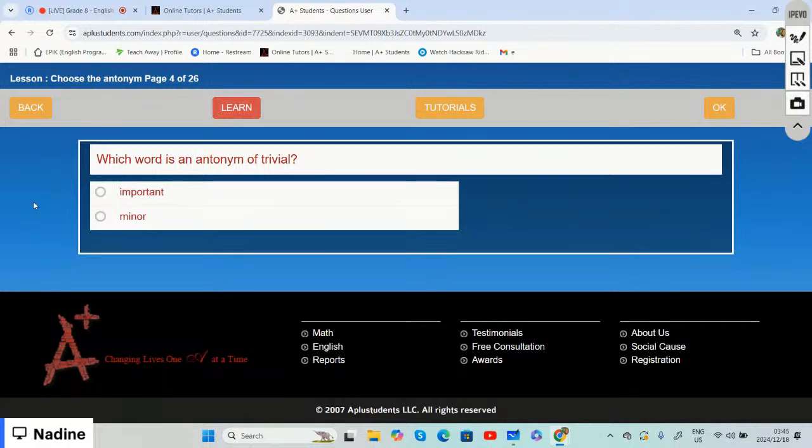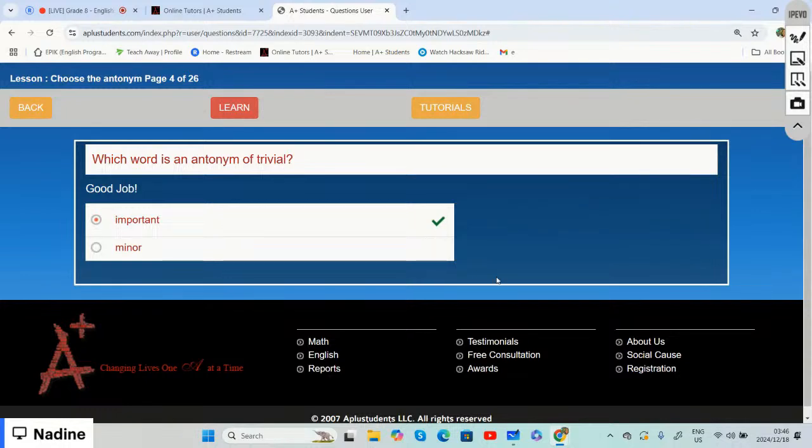If we were to identify the word that is the opposite of trivial, we can say it is important.